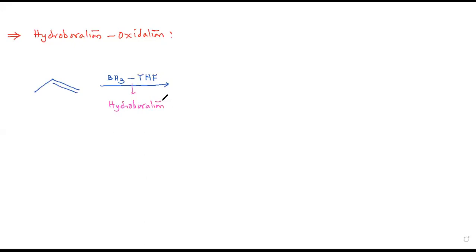You know, in this case, because we got 3 hydrogens in BH3, let me consider 3 molecules of propene and see, we'll be getting trialkyl borane. We'll show you how when we go for the mechanism. So this is trialkyl borane.